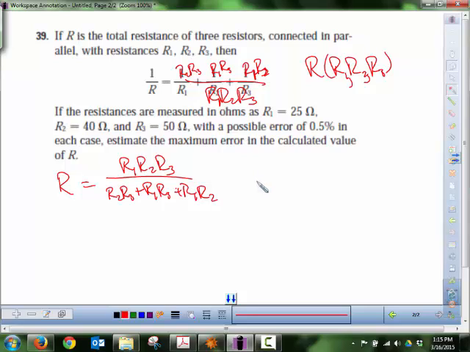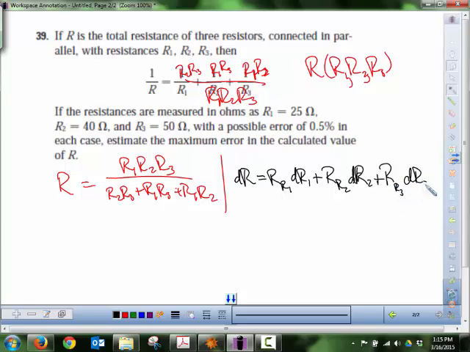So our differential dR is going to equal the derivative of R with respect to the first variable R1, dR1, plus the derivative of R with respect to the second variable R2, dR2, plus the derivative of R with respect to the third variable, dR3. Which means we have three derivatives to look for.